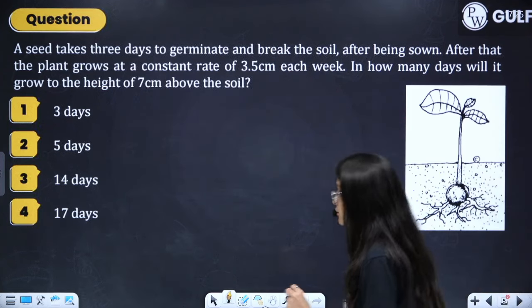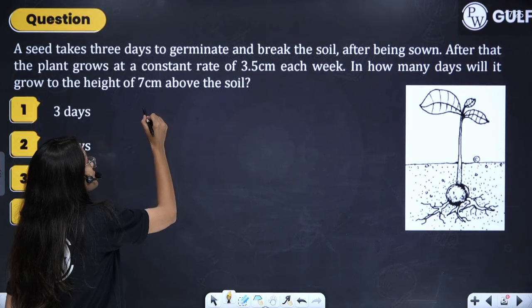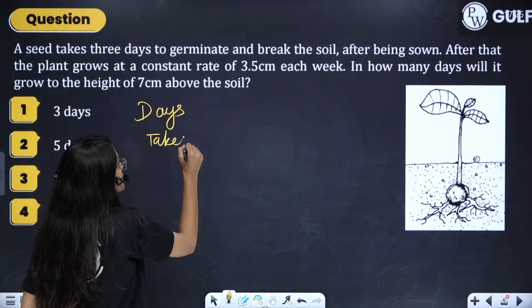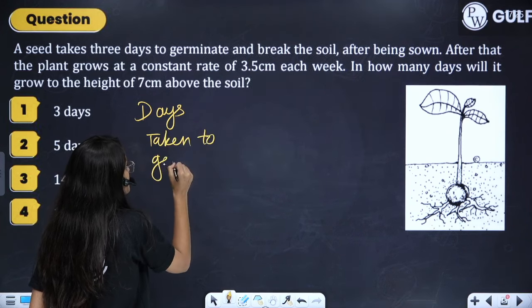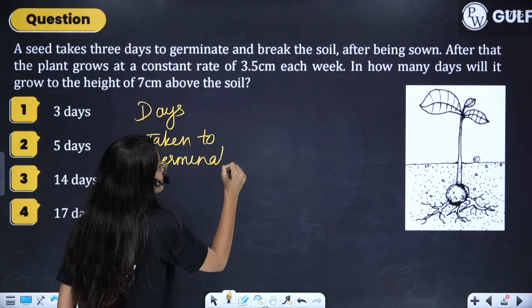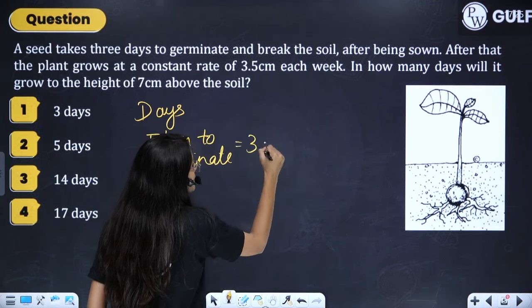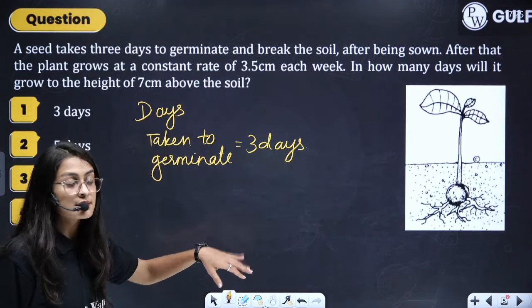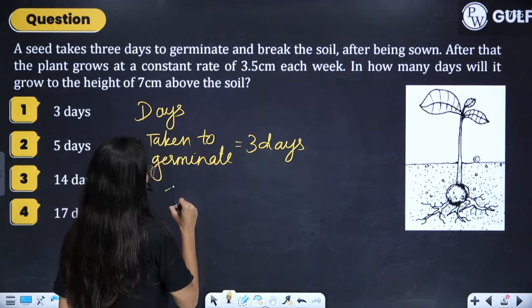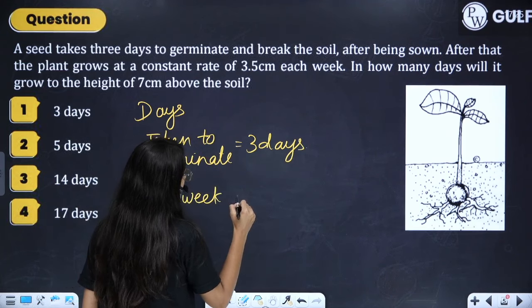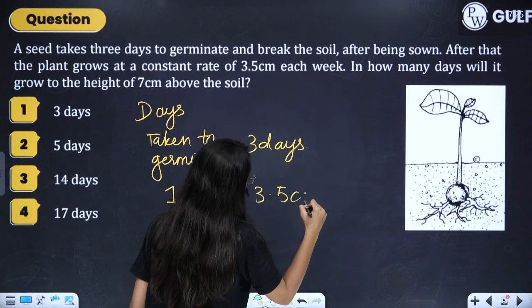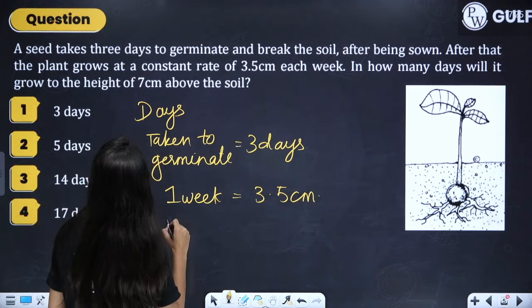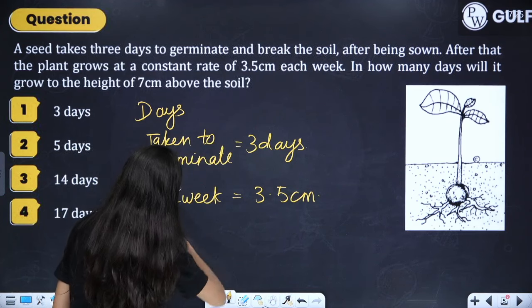So here, first of all, the days taken to germinate will be 3 days. Now, after 3 days, in 1 week, it's growing 3.5 centimeters.